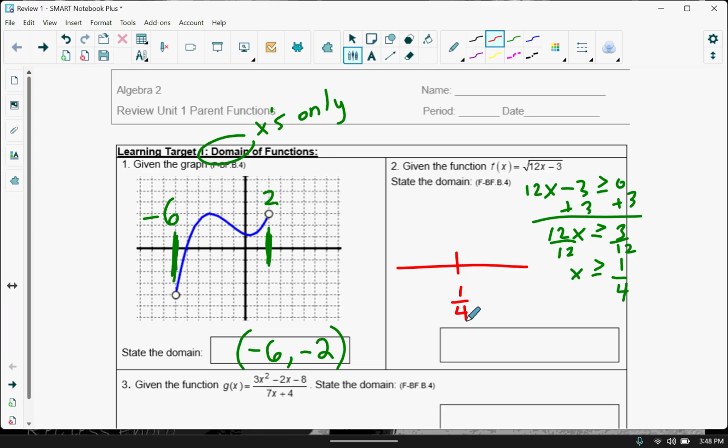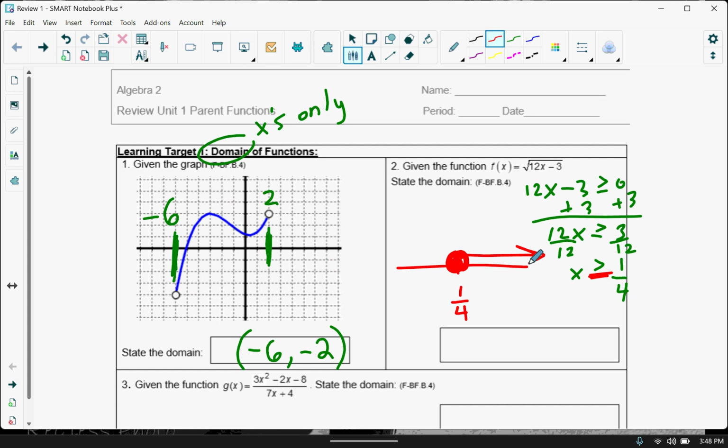Now, this states that x has to be greater than or equal to 1/4. So I'm going to put a circle at the 1/4, and I'm going to color it in. You color it in every time it's equal to. Now, the values that are bigger than 1/4, if you're looking at a number line that's horizontal, bigger numbers are to the right. So then we would draw an arrow extending out from the dot pointing to the right.